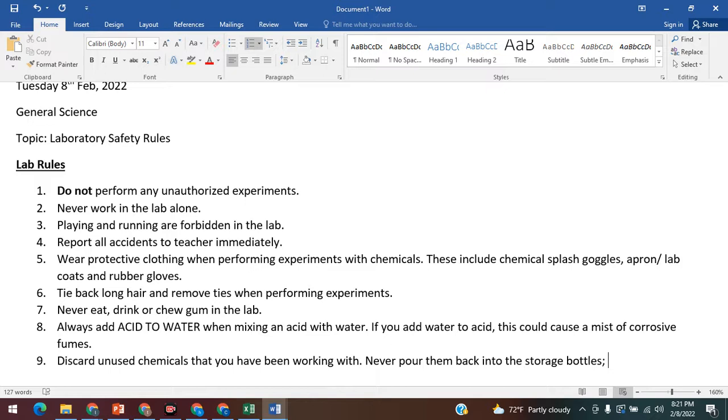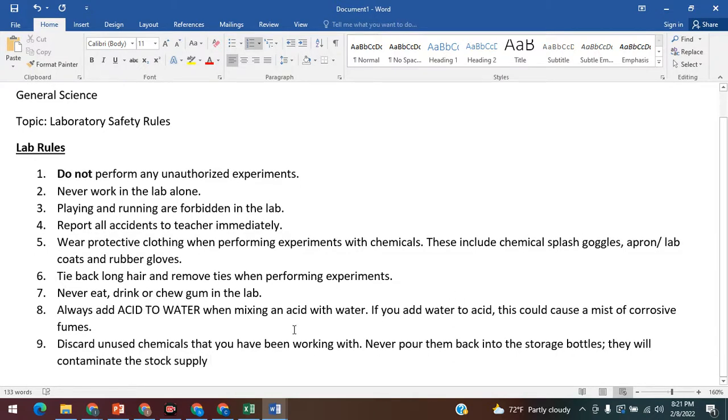Okay, so it says they will contaminate the stock supply. That's why we don't want to pour them back into storage.